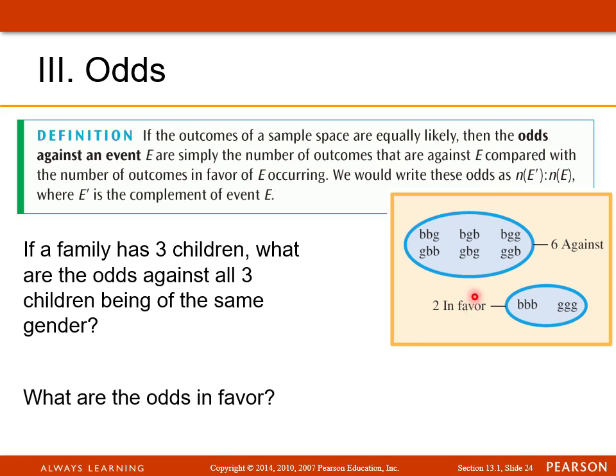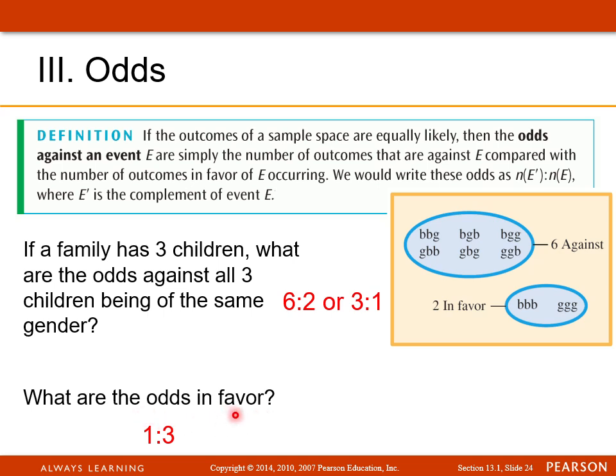So against, there are 6 different ways that they could not be all the same gender, and only 2 ways that they could be in favor. So for the first one, we have 6 to 2, which again, these can simplify just like fractions, or we have a 3 and 1, that the children are going to be of the same gender.